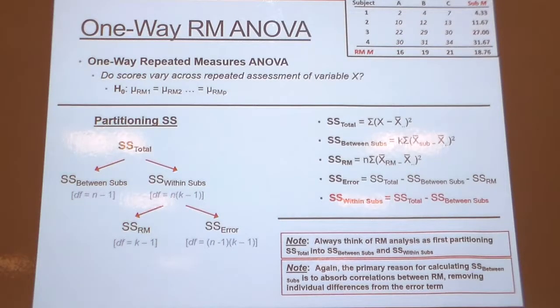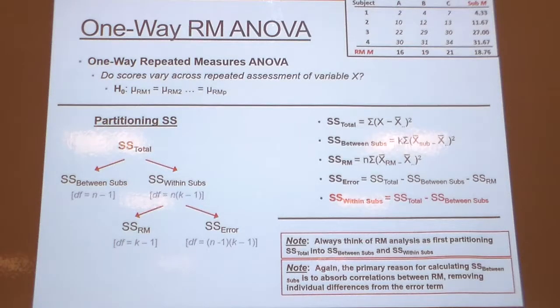And so our repeated measure effect is going to be the mean of our repeated measure minus our grand mean. So on average, people's scores after treatment A minus the grand mean, treatment B minus the grand mean, treatment C minus the grand mean. We're going to take those squared deviation scores and multiply by the number of people in our sample, right? And that's going to give me my sum of squares repeated measure.